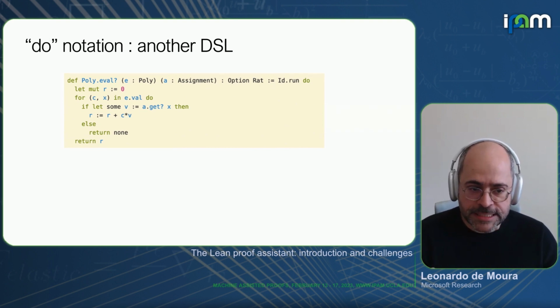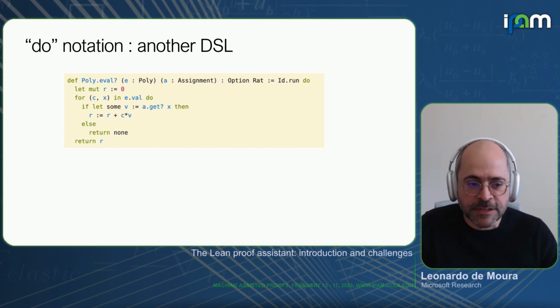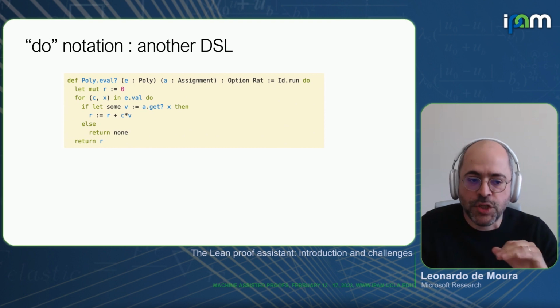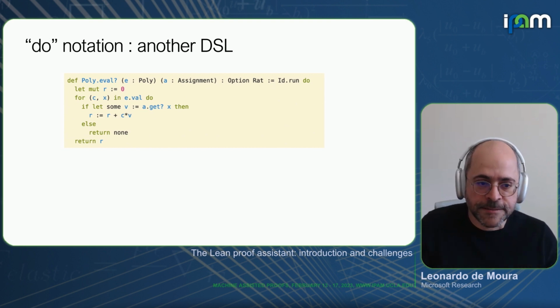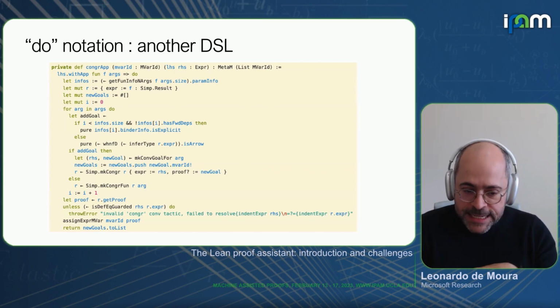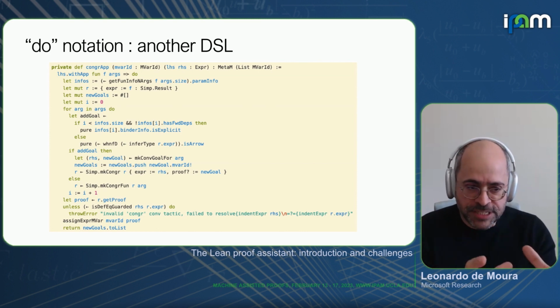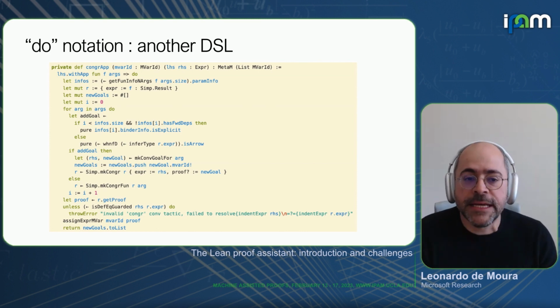The code looks imperative, but this is just notation. The macro system, this domain-specific language, converts that into pure code. Behind the scenes, this is all pure, right? It's just notation to make things convenient for the user. And we use this notation to implement Lean, right? Here we have, it's not important to explain this example, it's just to say this is part of the Lean implementation.